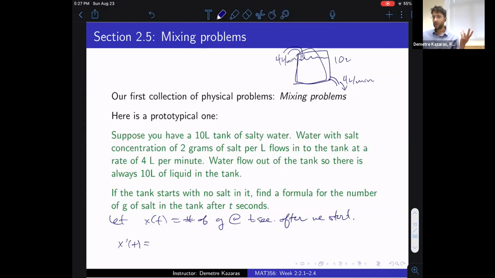There are only 2 ways that the amount of salt in the tank changes. Some water comes in, some water goes out. The first will have a positive effect. The water coming in will increase the amount of salt. So let's write that down: the rate of salt entering.